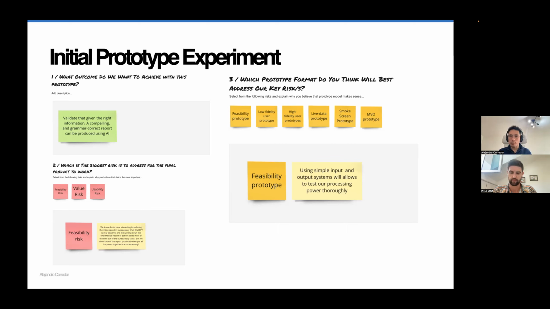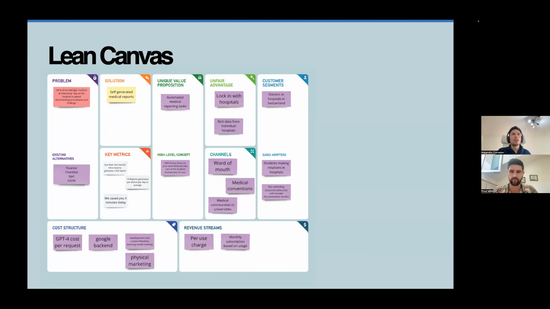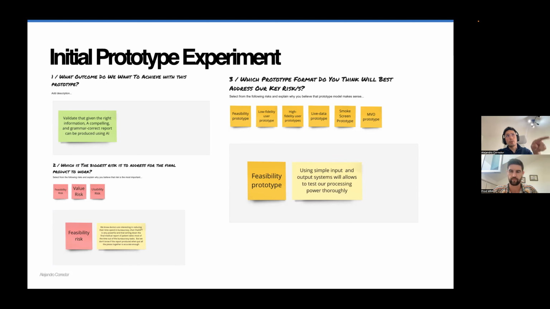One is a normal human being who could read the result and interpret that it was correctly written, and also a medical professional who evaluated if the result was correct using the mock data. We will get back to this in a moment and evaluate what the result was.